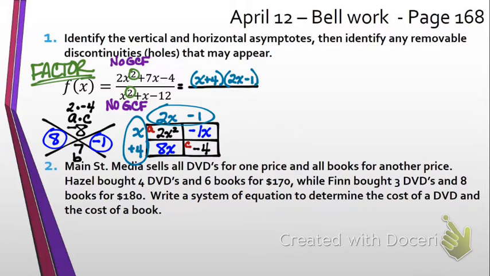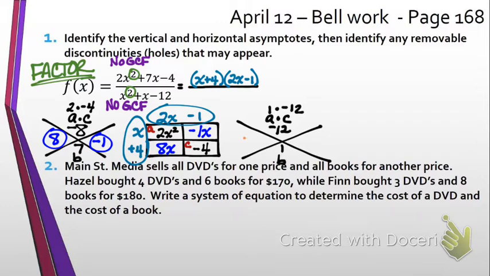For the denominator, we said there was no GCF here. I'm going to need to make an x for this. Can I use the shortcut on the denominator? Yes. So when I multiply A and C together, I'm multiplying 1 and negative 12. Two numbers that multiply to give me negative 12, but add to give me a positive 1.